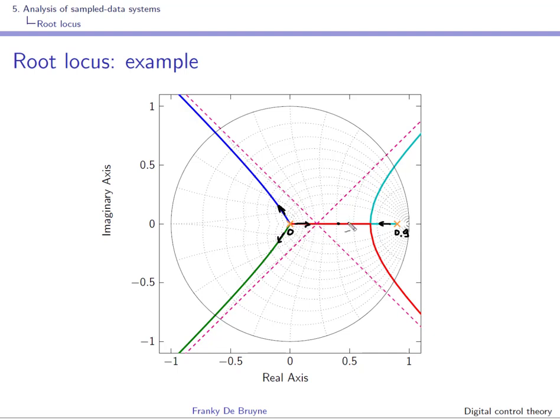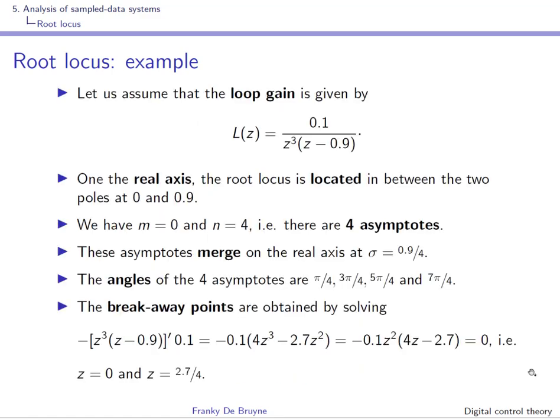Okay, so here you have a breakaway point, and you can see that there will be 4 branches, so 4 asymptotes, and the asymptotes will merge on the real axis at a point that is 0.9 divided by 4. Here b0 is positive, so the angles of the 4 asymptotes are (2k+1)π over 4. So this will lead to these angles.